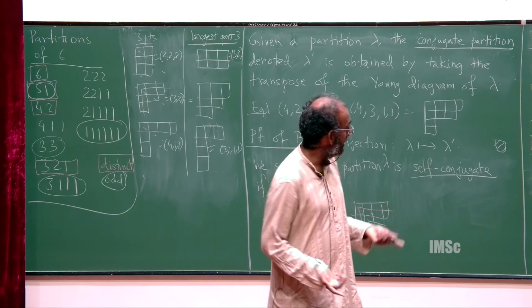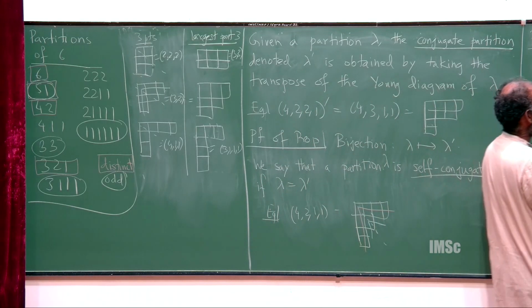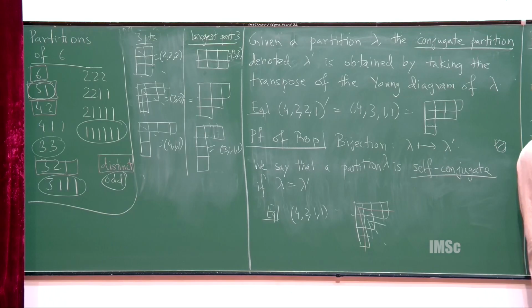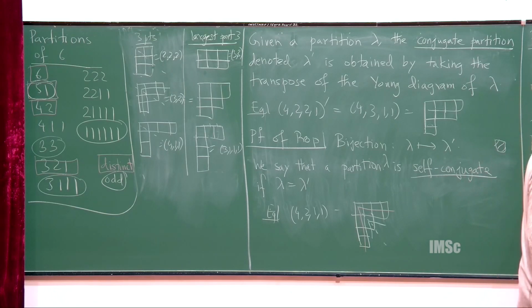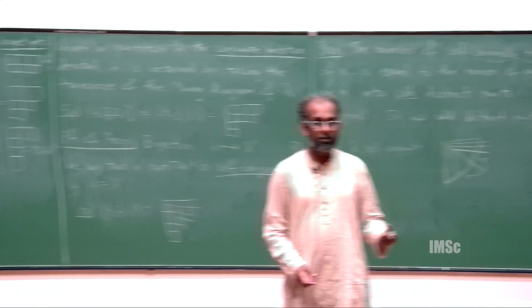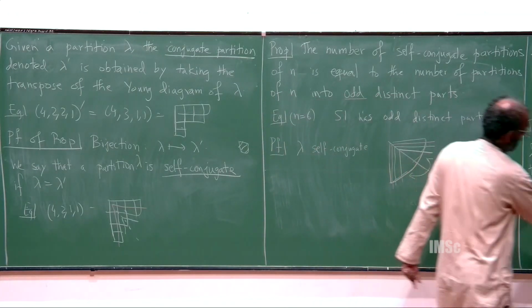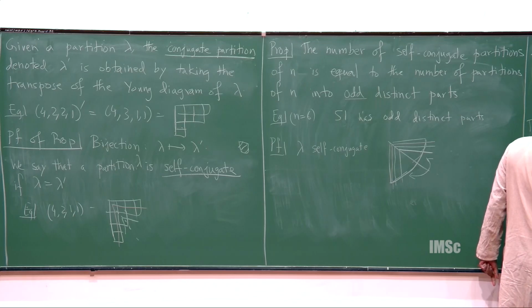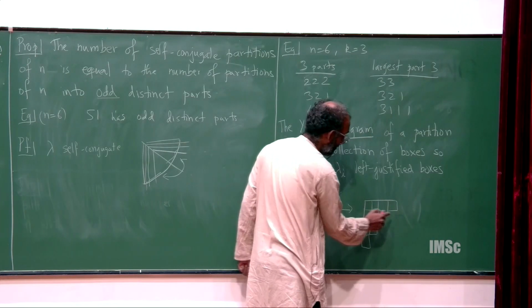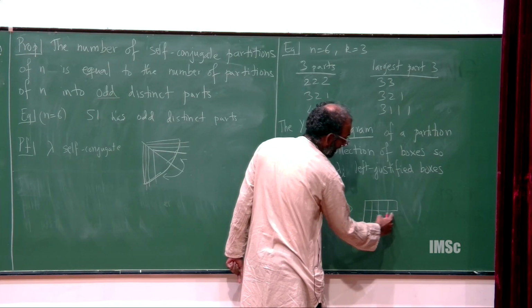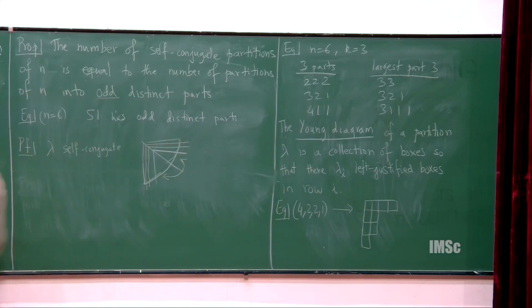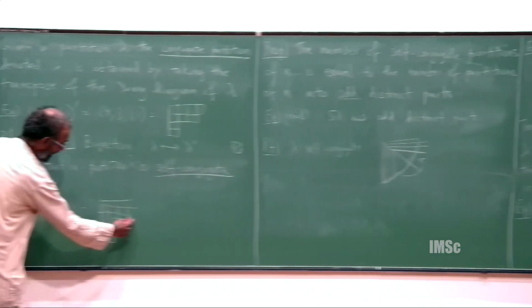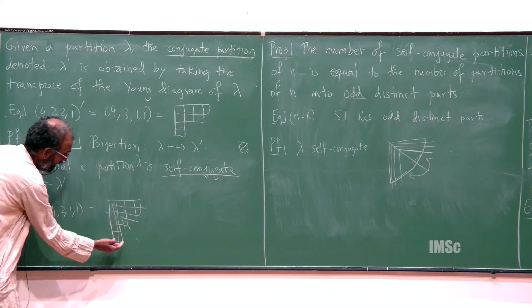And the other important thing is the distinct part. So we have shown odd. What about distinct? All of these hooks, because it's a partition, that means there cannot be extra things here, right? So the largest possible, if I have this hook, the next hook can only start from here and end here.